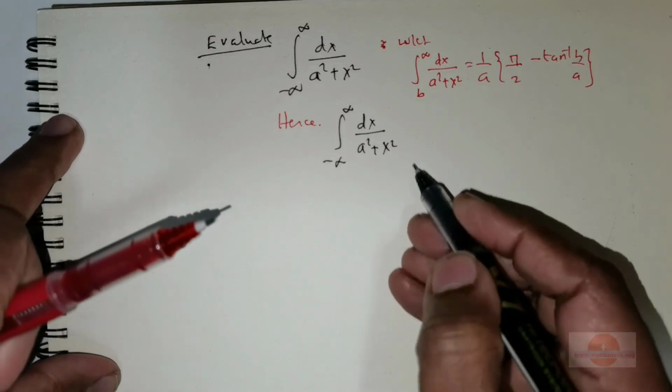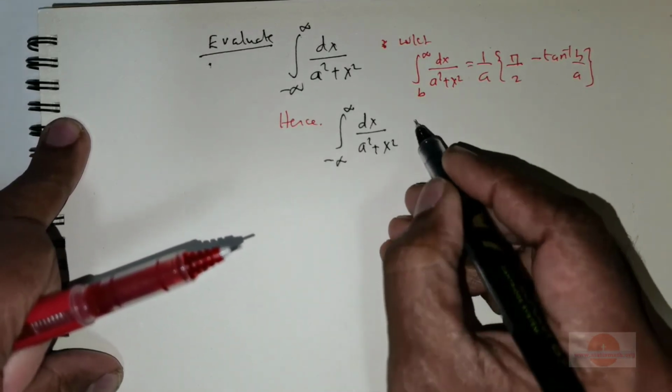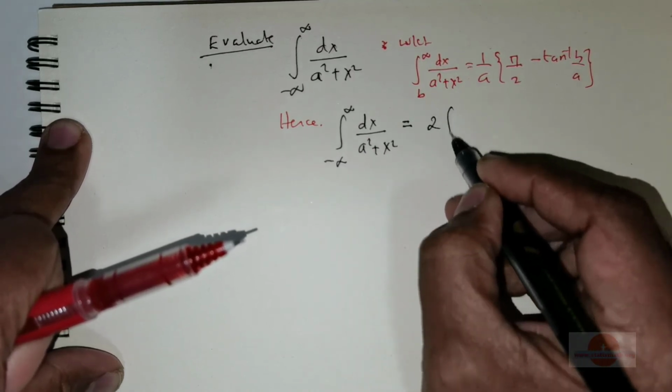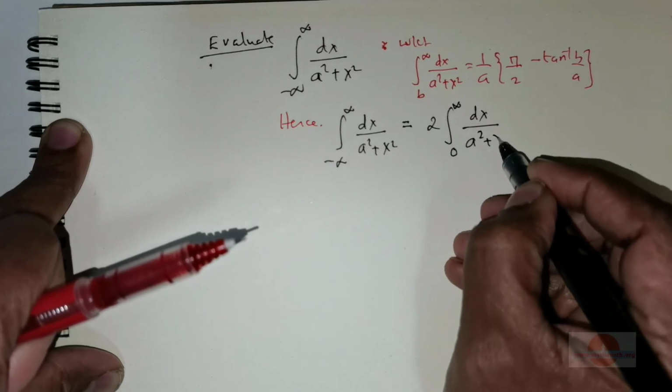Now before I substitute this, I'm going to rewrite this as 2 times the integral from 0 to infinity of dx divided by a squared plus x squared.